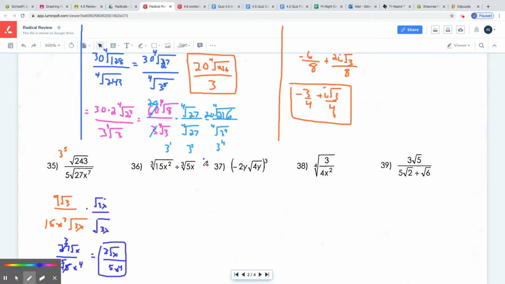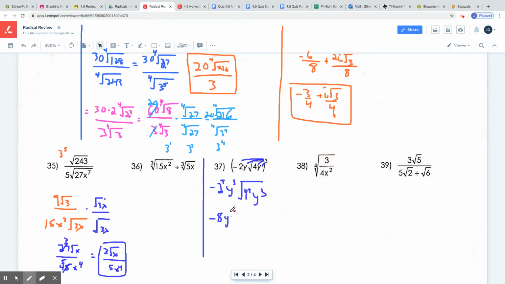All right, 37. Negative 2y root 4 cubed. Okay, so this means I have to do the cube to all of these. So this is negative 2 cubed, y cubed, square root of 4 cubed, y cubed. Negative 2 cubed is negative 8.